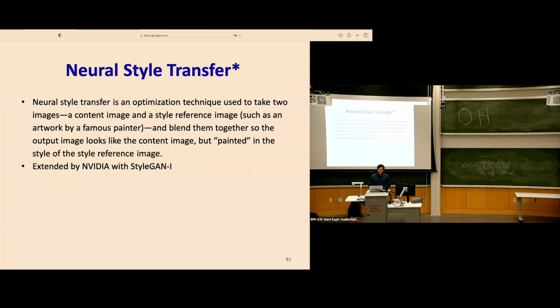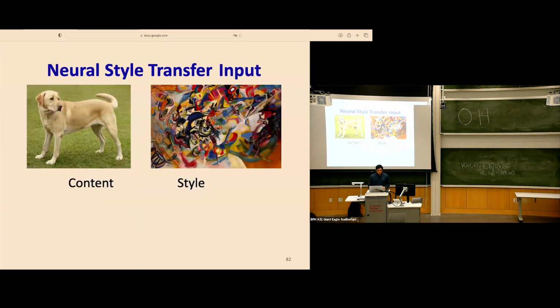This was also extended by NVIDIA into what they call StyleGAN, and it has variations and versions. So I think this is closely related to StyleGAN 1. And the idea is if you put in an image of a dog, which is the content, and a style, you should be able to get an output which is of a dog painted in this styling format.